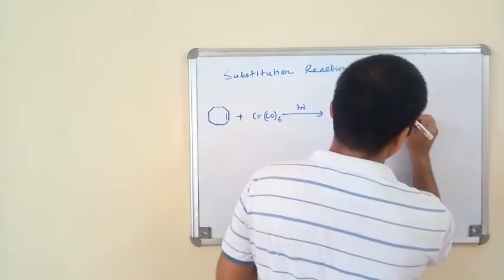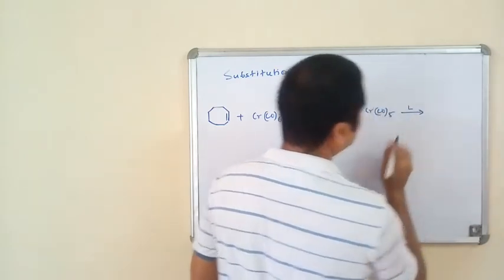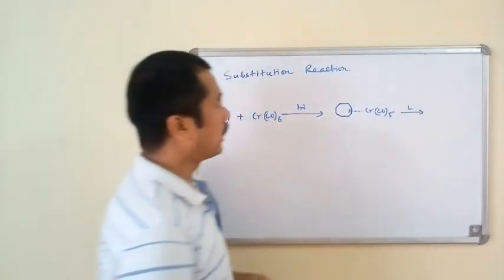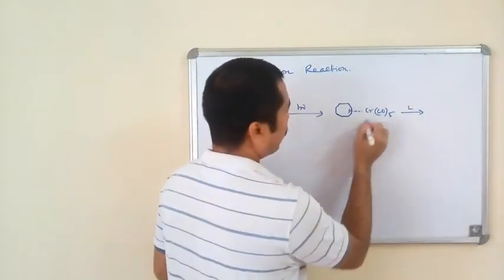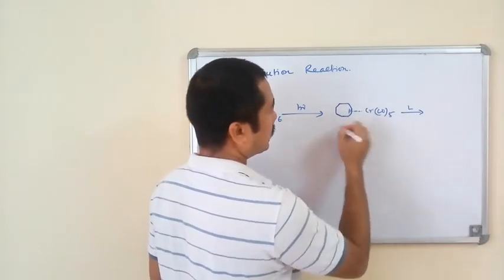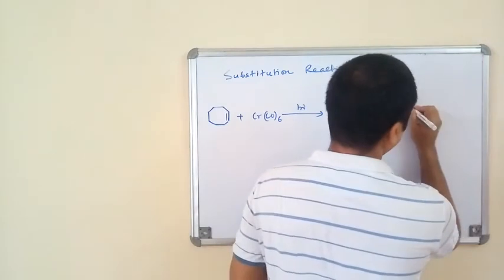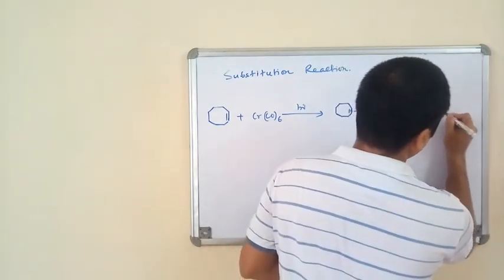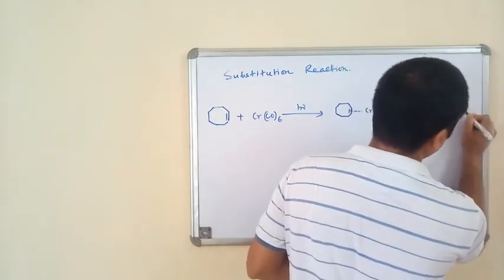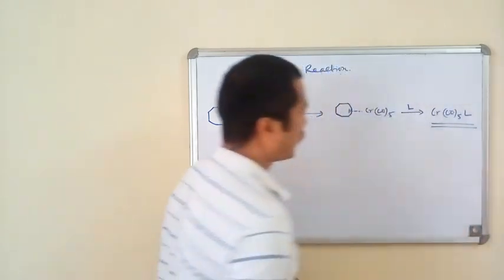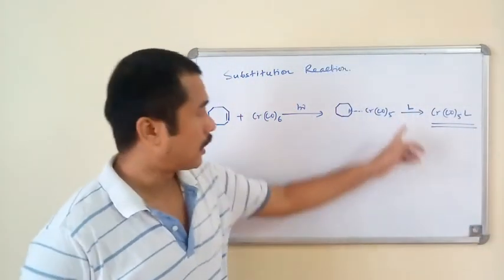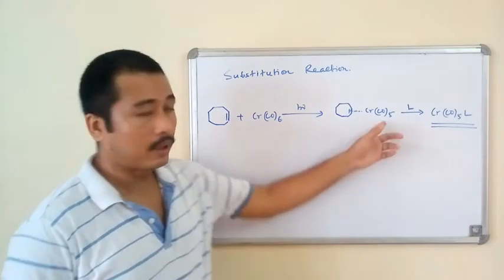And now we can introduce our desired ligand L, which will replace the cyclooctene ligand, as this forms a labile metal ligand bond with the chromium over here, and can produce the desired metal complexes with our desired ligand L over here.